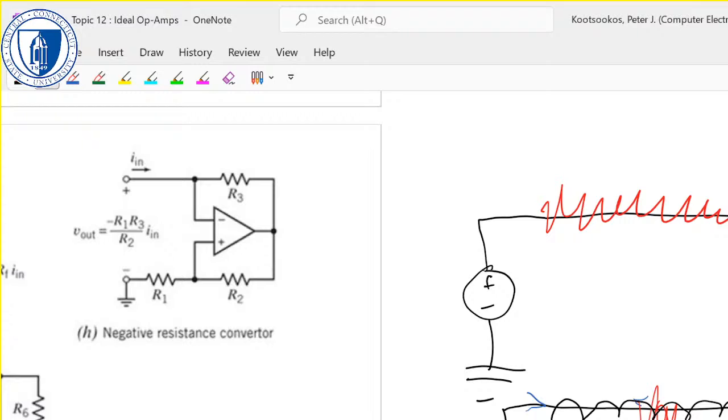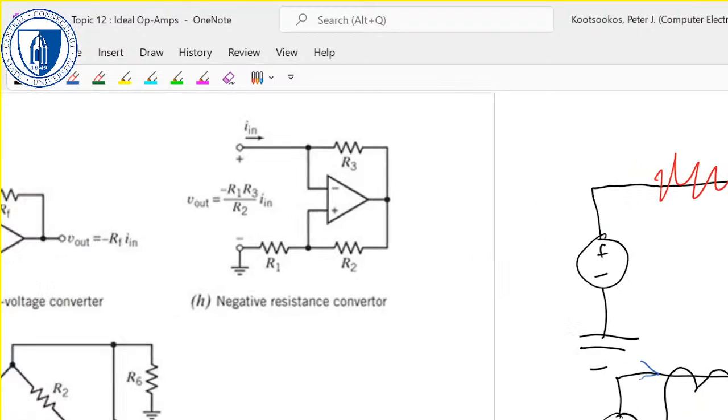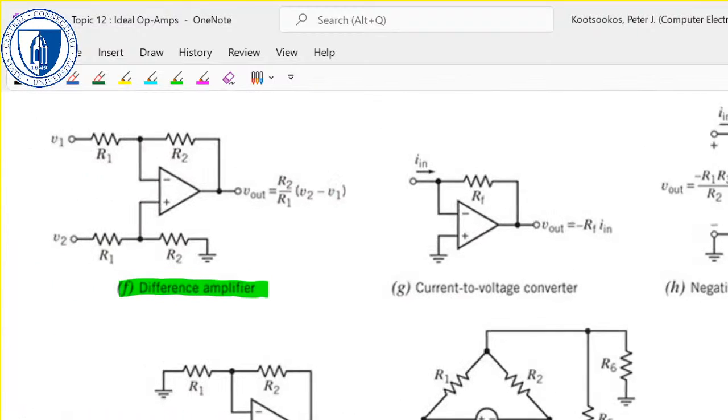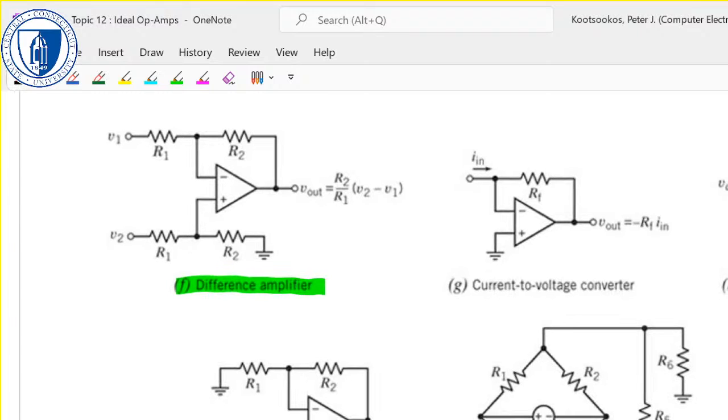So instead of getting something like that, you'll still get noise, because it doesn't completely cancel out, but it's going to be much, much lower noise. So that's why you might have a differential amplifier.